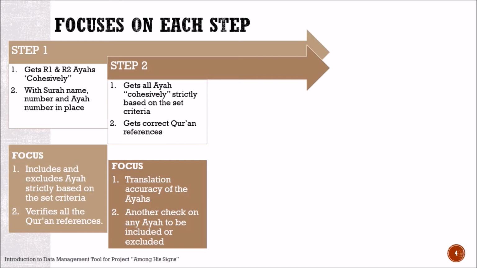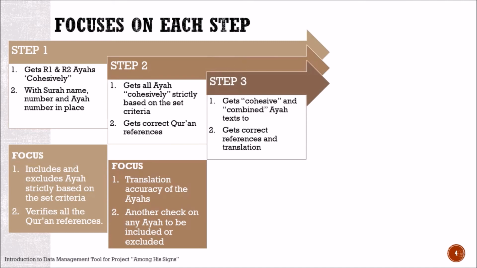Now, after step 2 is done, in step 3 we again get the ayahs in order, but this time we combine the ayah. Meaning in step 2, we received all the ayahs in order, but the ayahs that needed to be compiled to complete the meaning were in different cells, like in cells right under it.